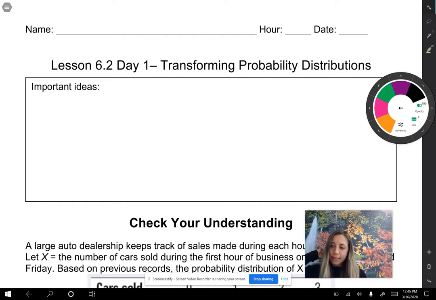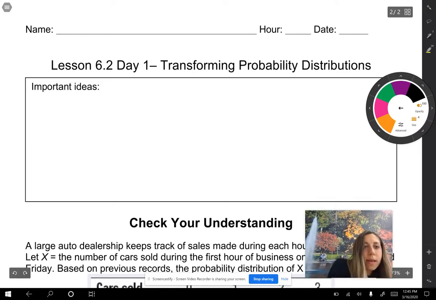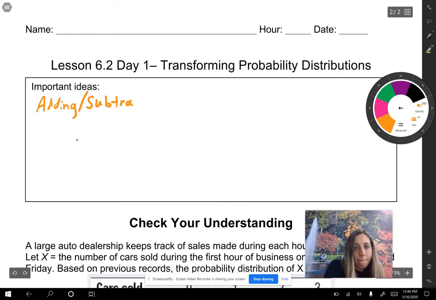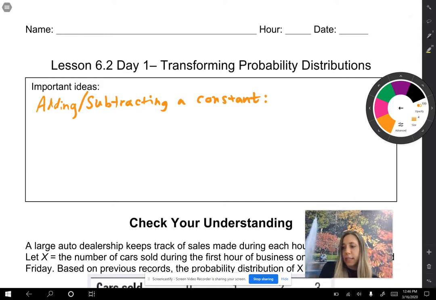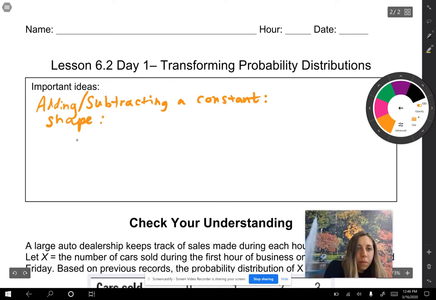All right, let's take a look at your important ideas for today. Adding the same constant to each value, let's talk about what happens. When adding or subtracting a constant, the shape will stay the same.